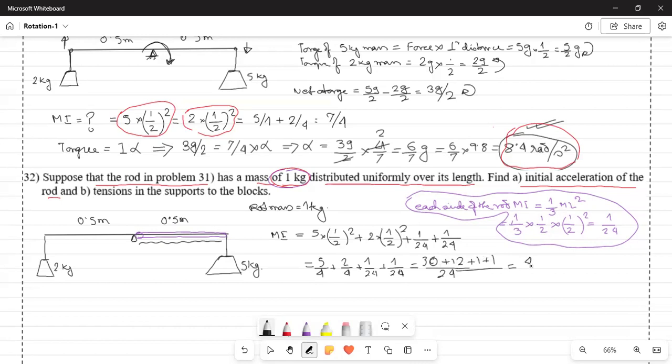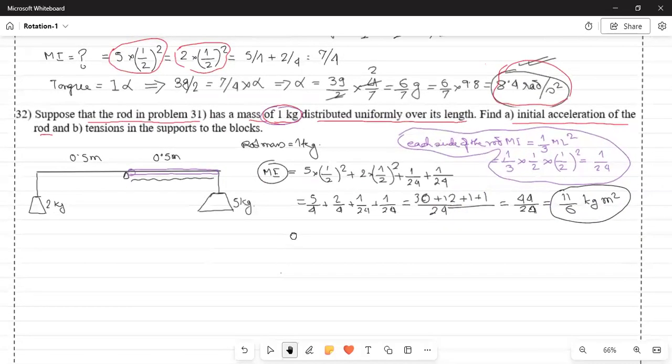So this is equal to 44 by 24. You can divide both numerator and denominator by 4, so it becomes 11 by 6. So this is the moment of inertia, 11 by 6 kg meter square. Earlier the moment of inertia was 7 by 4, now it is 11 by 6. That is the difference it has made.